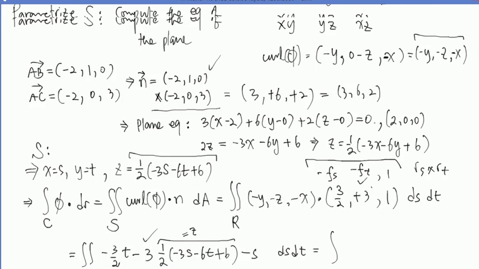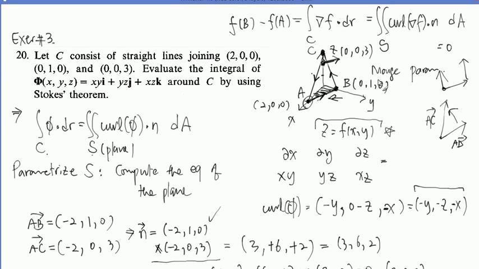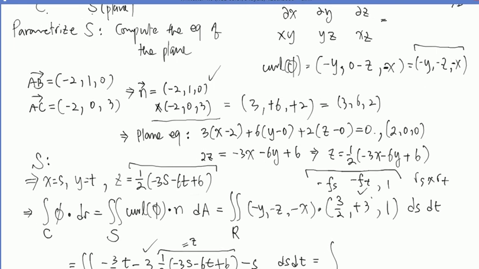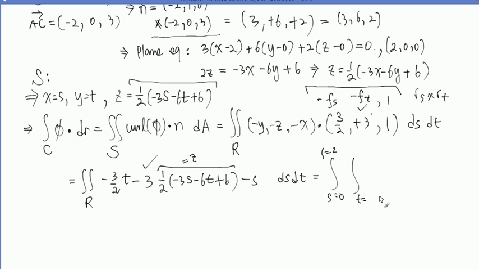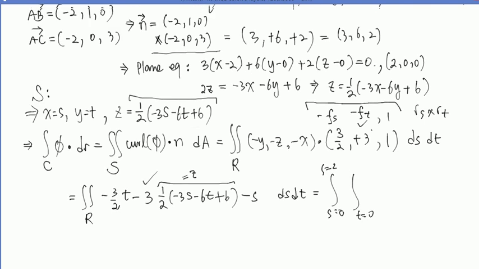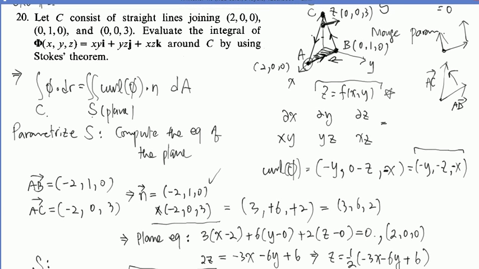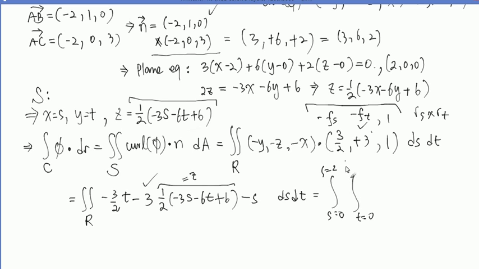So this one has to be broken down. s is going from where to where? s is going from 0 to 2, right? t is not going from 0 to 1, right? t is going from 0 to the line equation, whatever the line is. I think it's 1 minus 1/2 s. And the same thing, ds dt.